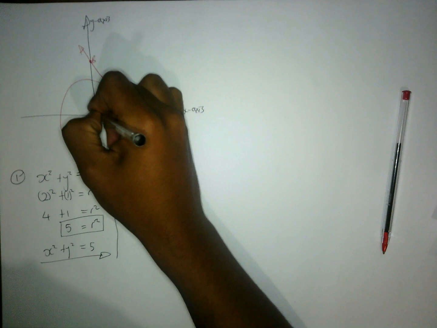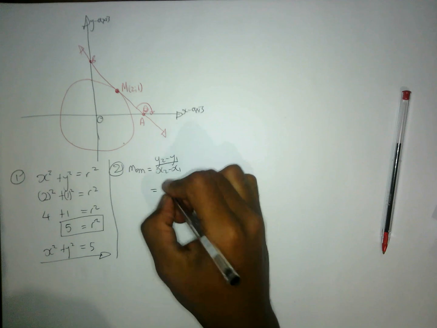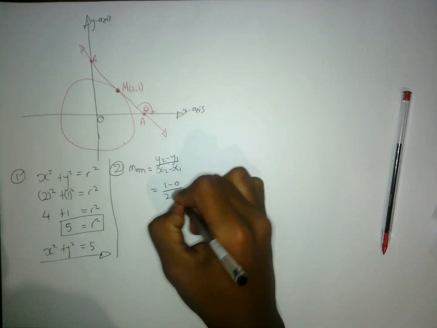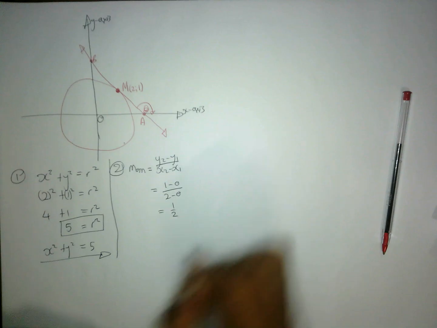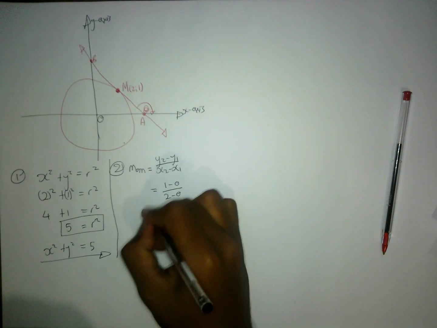We know that this is a 0 and a 0. So y2 is 1 minus 0 over 2 minus 0 equals 1 over 2. That's our gradient for OM.